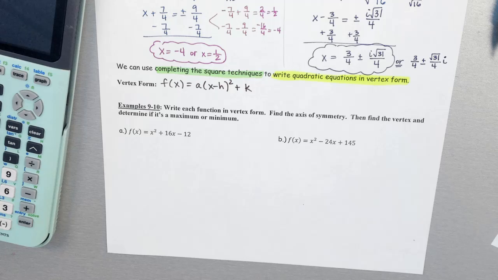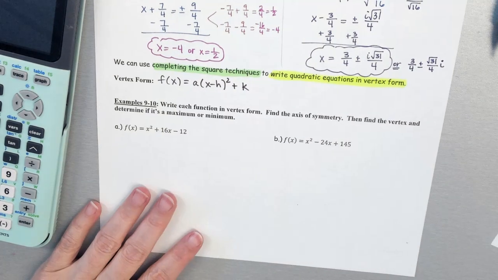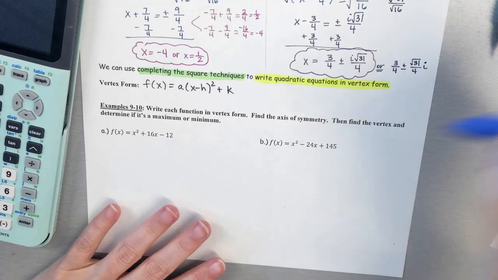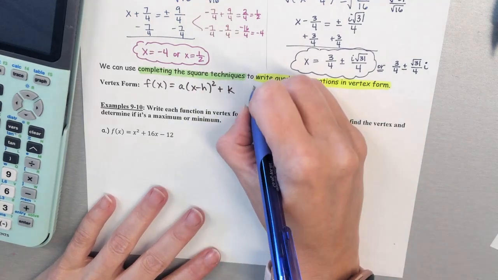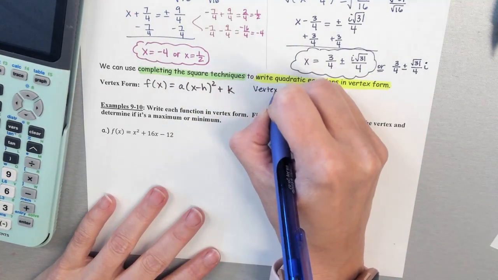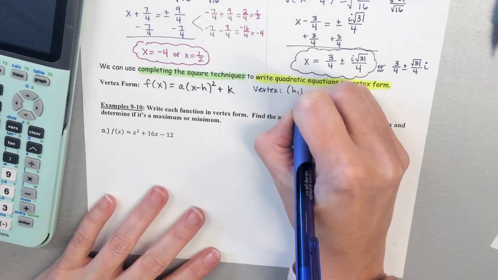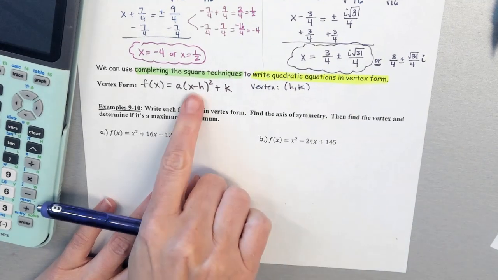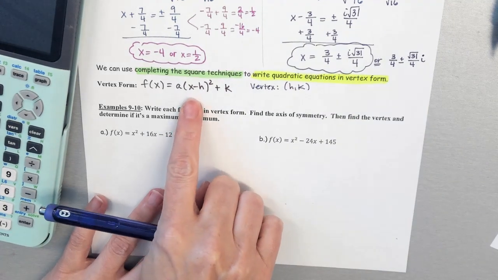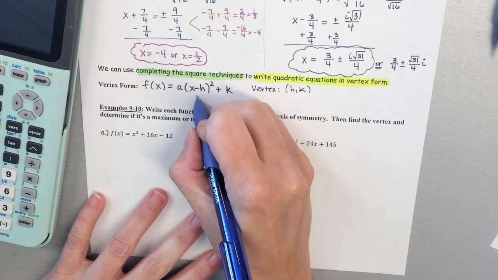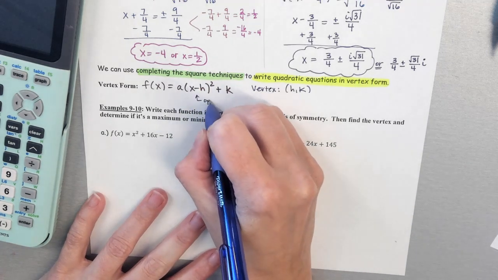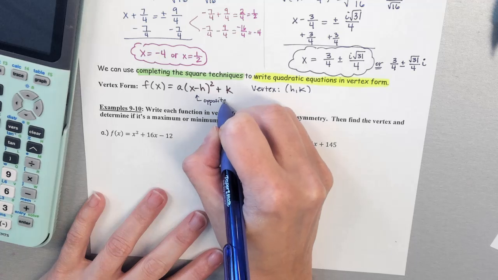We did that back in 1.7 when you had to find your a values. In this form, your vertex is the values h and k. Notice that there's a negative there. Remember that negative also means opposite, so it is the opposite of what you see.